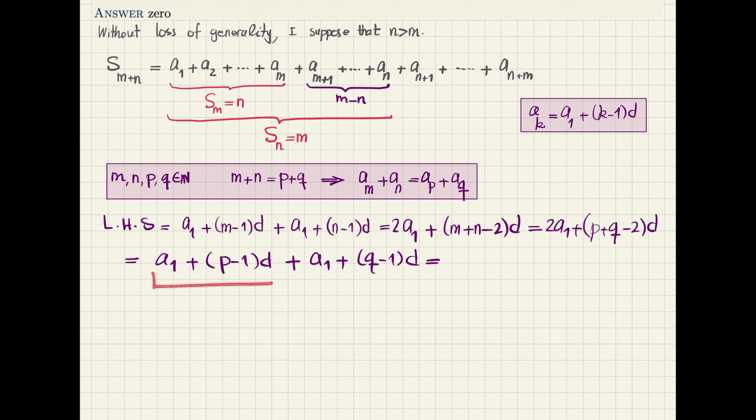But now if I ask you what is this, you can immediately compare it with this one. You see that everything is the same except that k has been replaced with p, so this is a k, so this becomes a sub p. Plus the other one, for the same reason, is a sub q, and that is the right hand side. So that is the proof of my claim here.